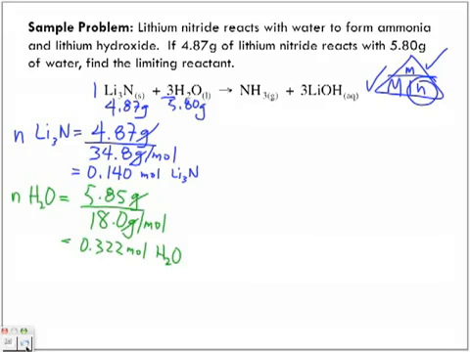So this is the ratio. We have 0.140 moles of lithium nitride to 0.322 moles of water. Now, using that information, we can go into our stoichiometric chart. So let's put up our table.